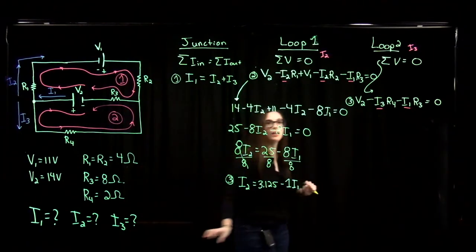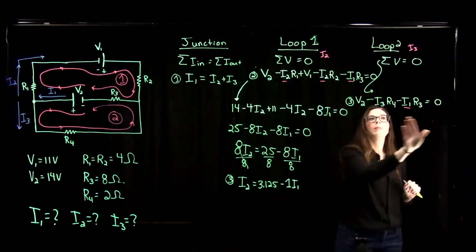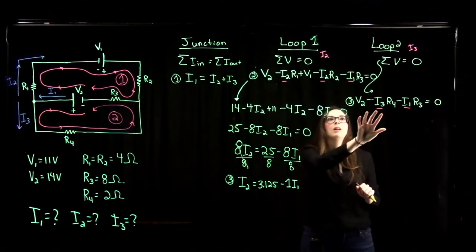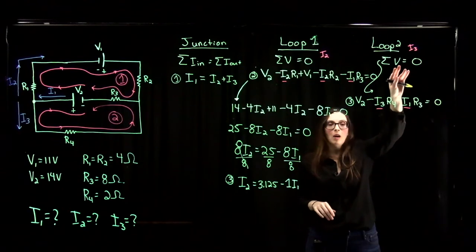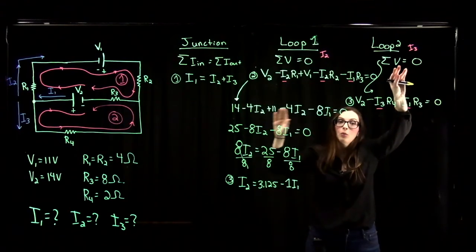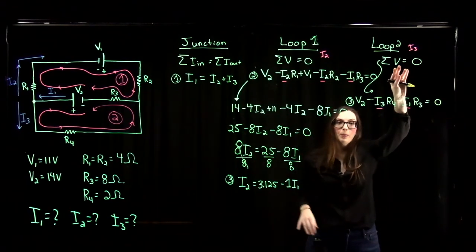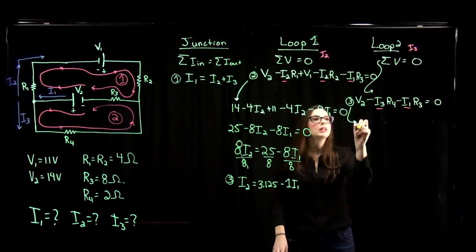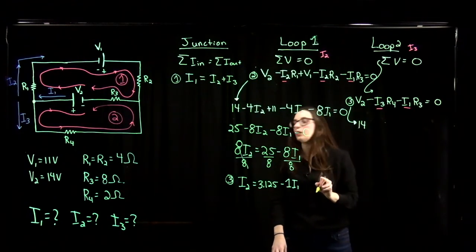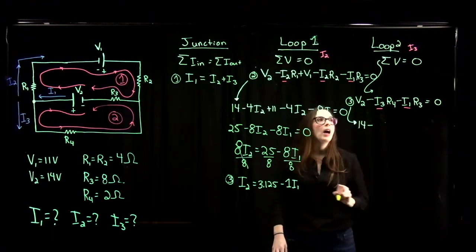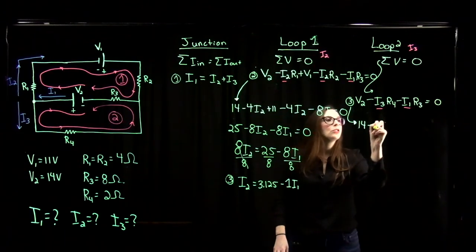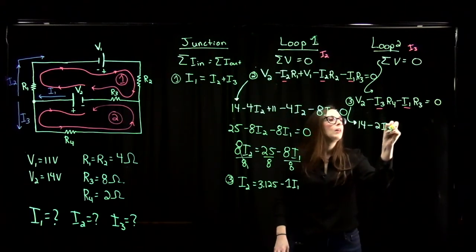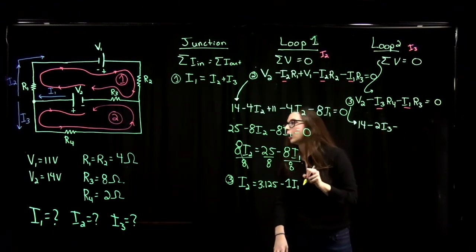Now I'm going to come over here to this equation right here. This was equation 3 that we got from doing Kirchhoff's second rule around loop 2. So then we have 14, that's V2, minus I3 R4. Resistor 4 is 2 ohms, so minus 2 I3, minus I1 R3.